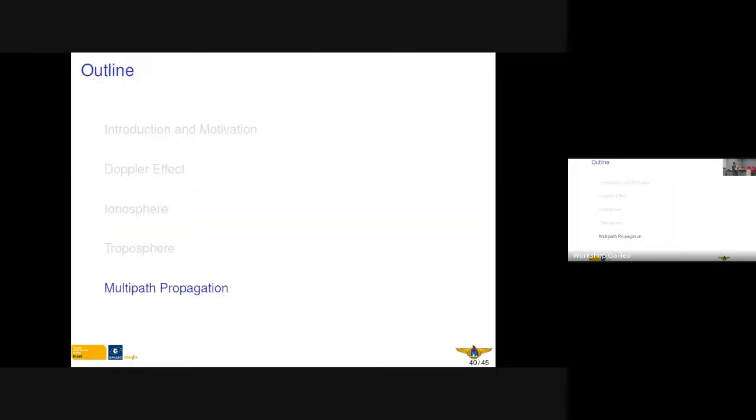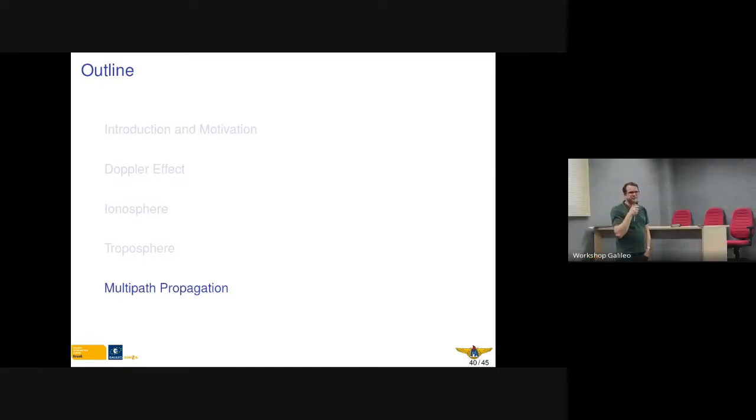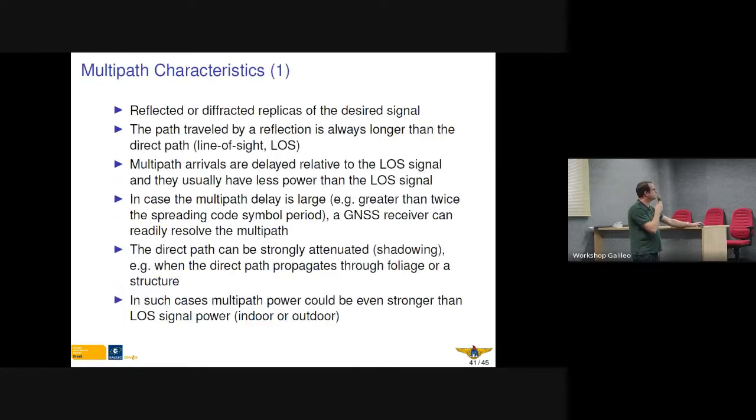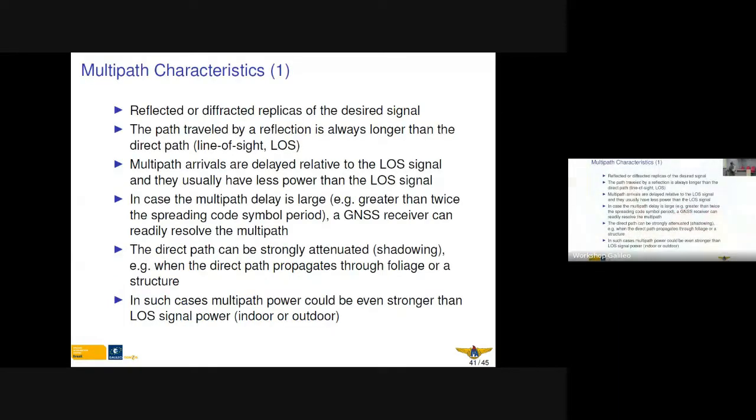Yeah, so that was very briefly the troposphere, and we dived very rapidly into some examples of models. And now I just want to briefly talk about multipath propagation. So reflected or diffracted replicas of the desired signal. This is what's multipath.